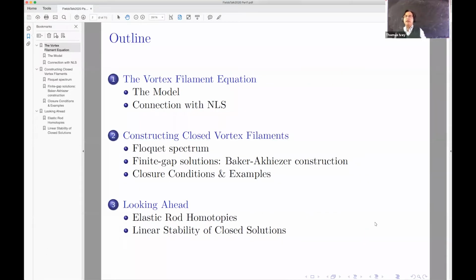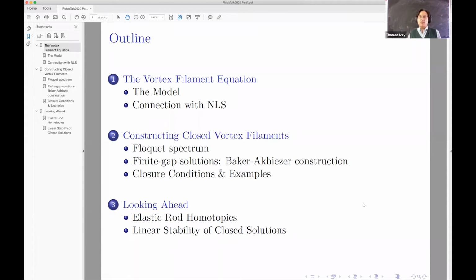Okay, so in outline, I will very briefly remind you of the model of the connection between fluid mechanics and this vortex filament equation. Mostly concentrating, as I said, on the connection with the nonlinear Schrodinger equation, which, as Bob said, we exploit the integrability of in order to say something about closed solutions and get examples of closed solutions to the VFE.